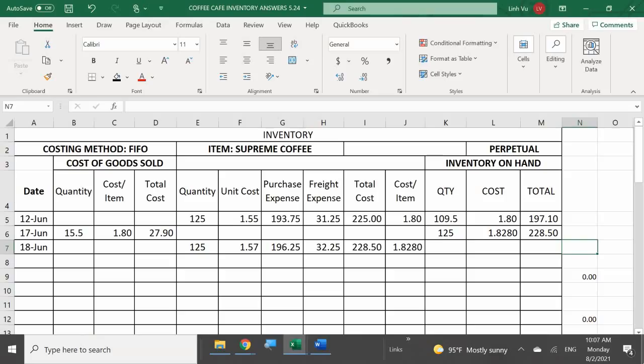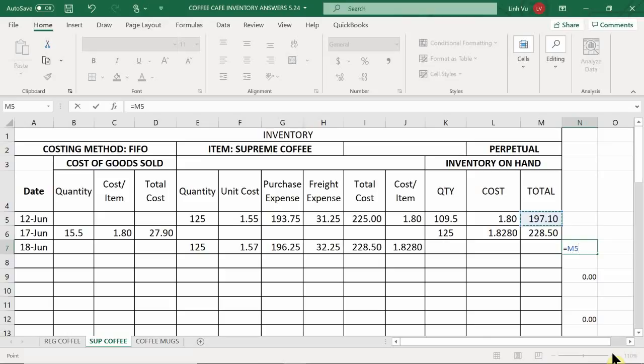So I'm going to put my running balance saying that I should have a total cost of $425.60, which we know to be true because that's exactly what our Supreme Coffee General Ledger says. It says that we have a total of $425.60 worth of Supreme Coffee inventory.